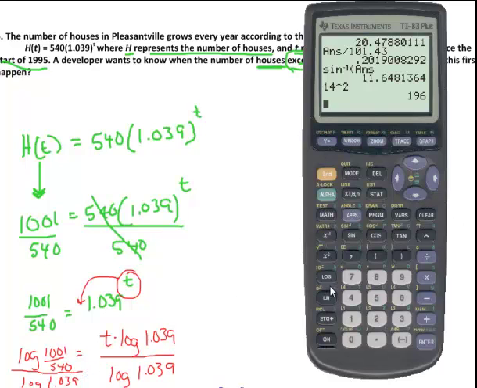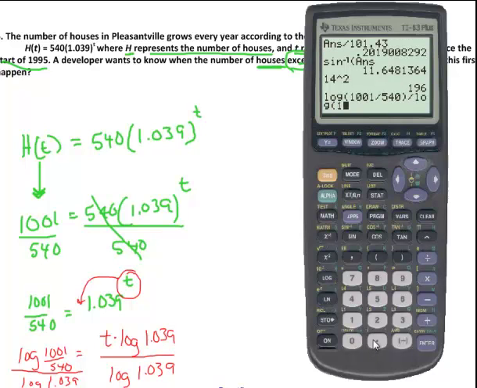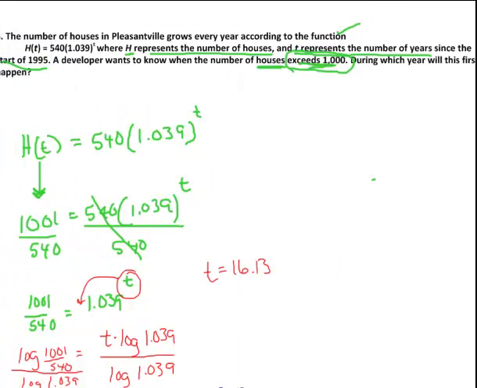So over here on my calculator, the log of 1,001 divided by 540 has to get divided by the log of 1.039. And I get t equals 16.13, but that's not what the question asked for. The question asked for during which year?